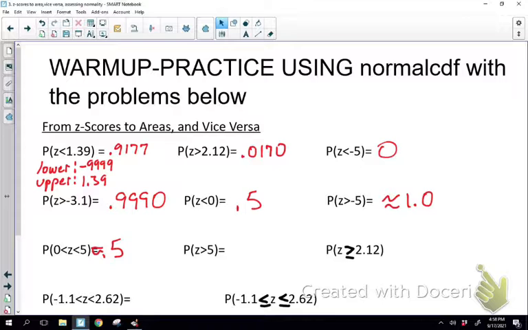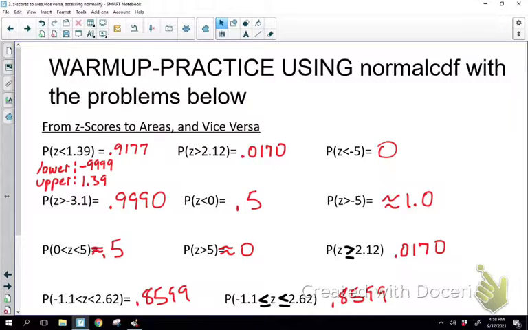Do an approximate sign. You should get about 0 and 0.0170, 0.8599, and 0.8599.